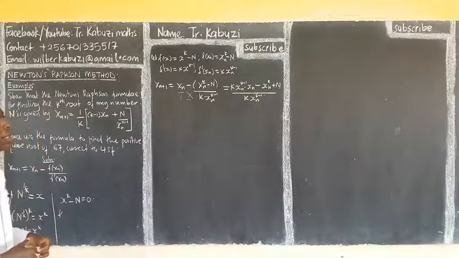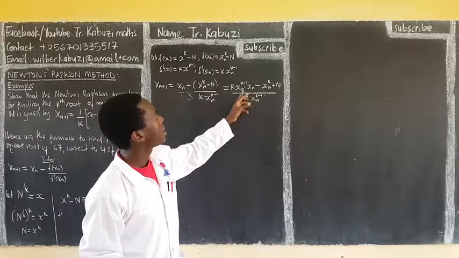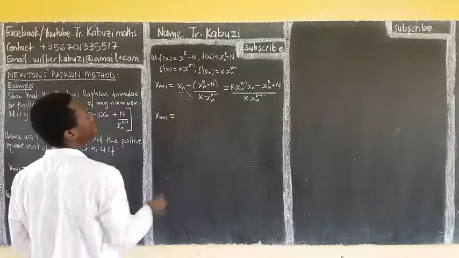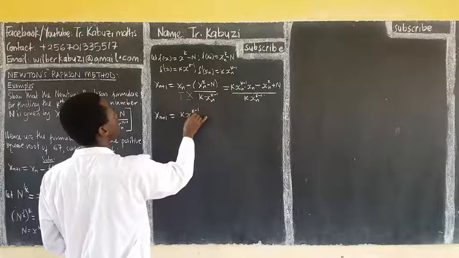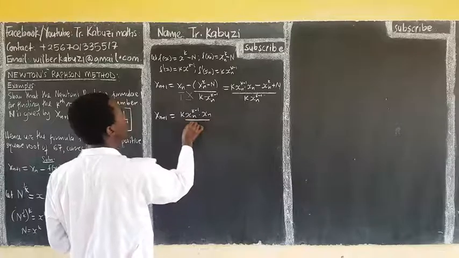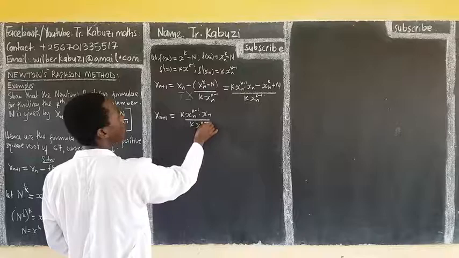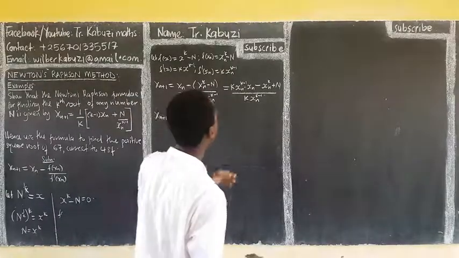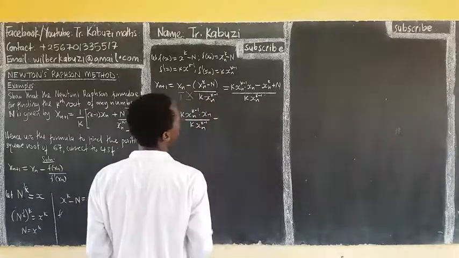Now from there, what happens? You see that now I can separate. So from there, my xn plus 1 is going to be k xn power k minus 1 times xn over k xn power k minus 1, then minus, or you can start with a plus. Now we are dividing the whole of that.